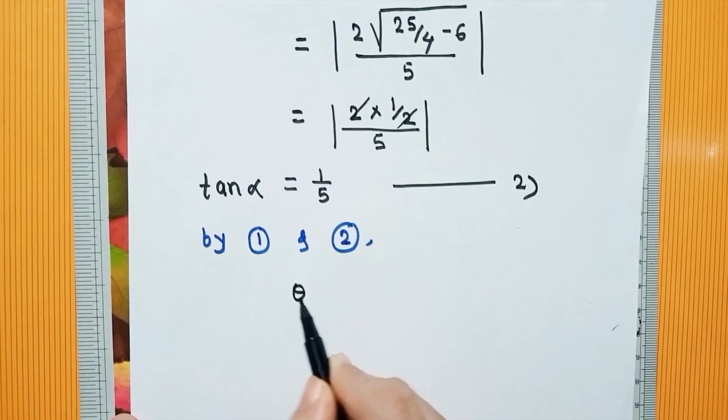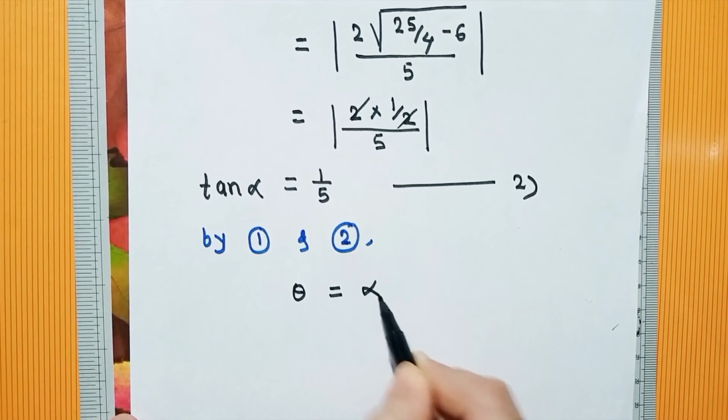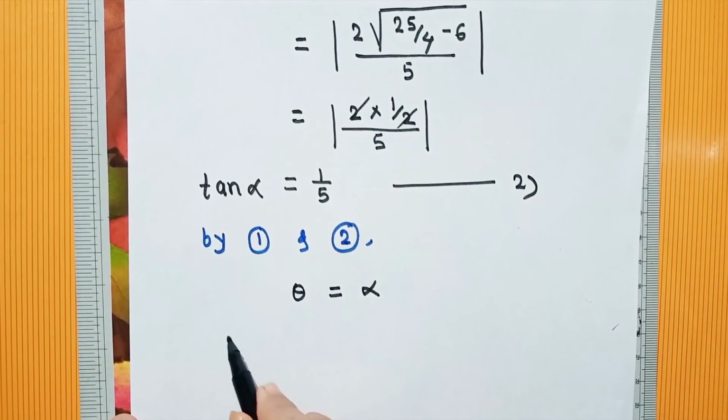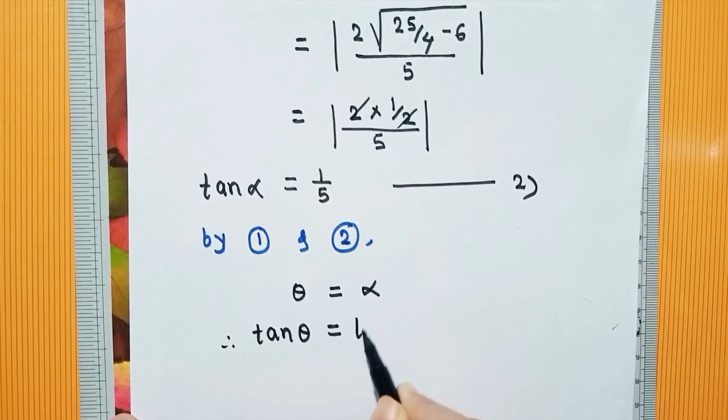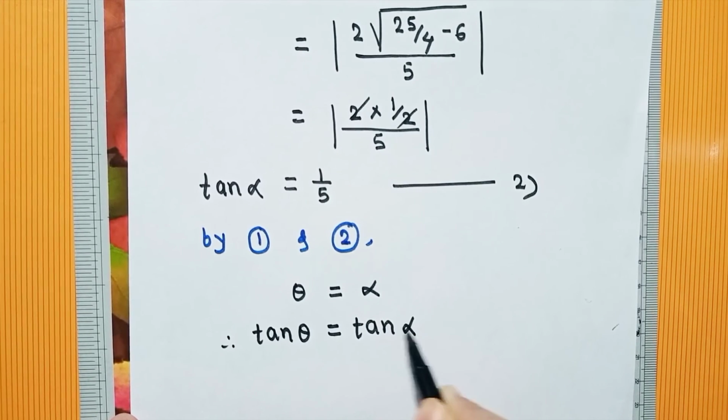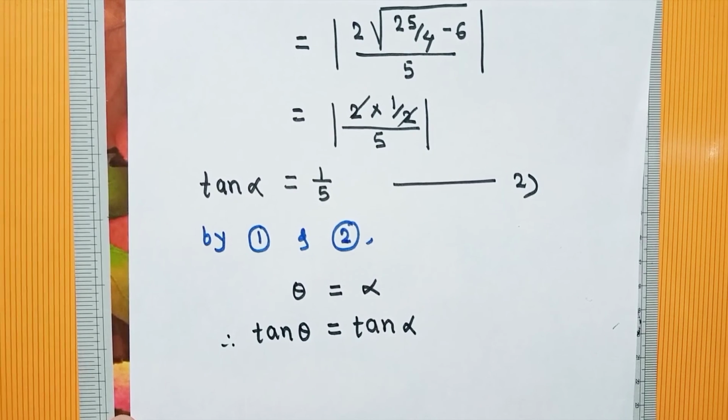So we have tan of alpha is equal to 1 upon 5, but say this is second equation, and therefore by 1 and 2, since theta is equal to alpha, therefore tan of theta equal to tan of alpha. Now substitute these values here.